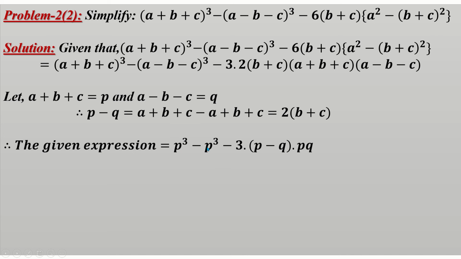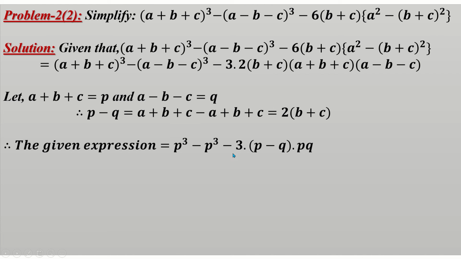I have copied this before, so here also will be p, and that will be q. p^3 - q^3, where q means a - b - c, minus 3 into pq, where 2(b+c) means p - q.